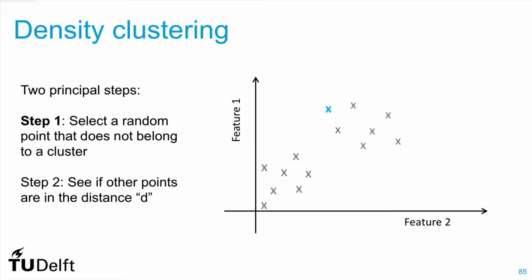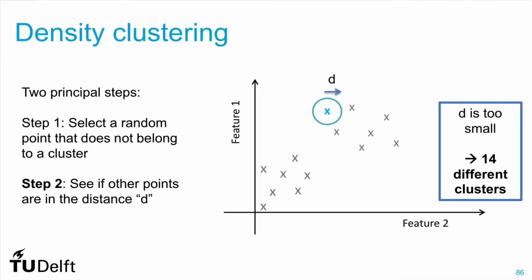The next step is to see if other points are within a distance d from that selected sample. Here we select a distance d that is too short, and that will lead to 14 different clusters. Basically, each data point will belong to its own cluster.